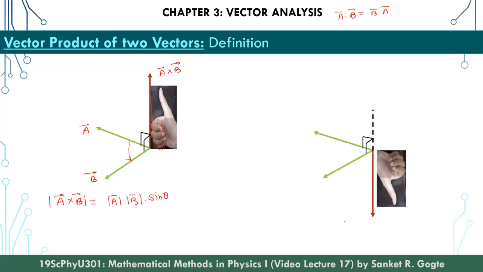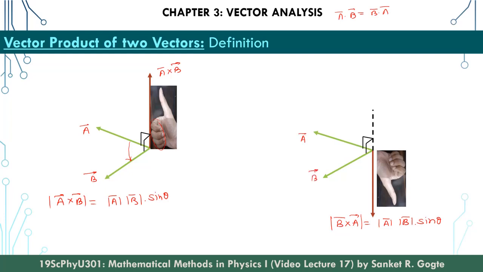Now the cross product B cross A, and the magnitude is going to be the same. It will be mod A into mod B into sine theta. But what is the direction? The direction of this cross product is to be calculated by considering the right hand thumb rule.